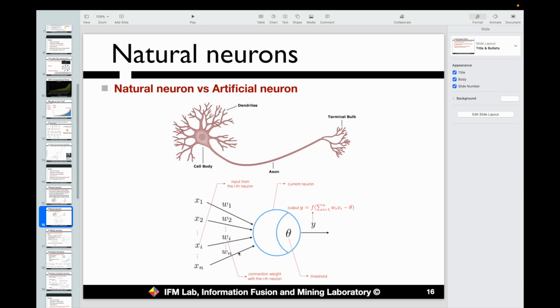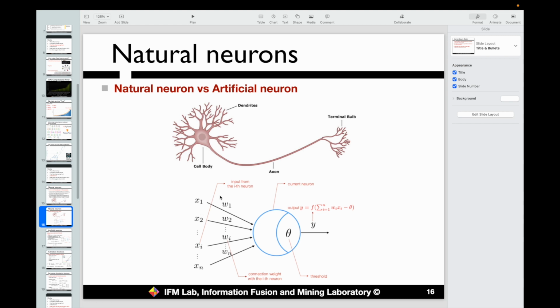However, we need to ensure this input is strong enough for this neuron to fire an output. To quantify if the input is enough, the neuron itself has one threshold denoted by theta. This theta denotes the threshold, the minimum value for this neuron to fire one output.